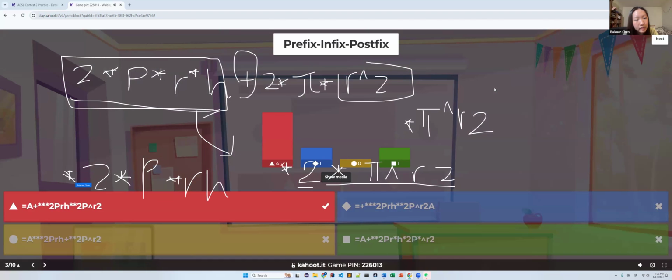And then we're going to move the 2 to the front, and then we're going to add the plus in the front.